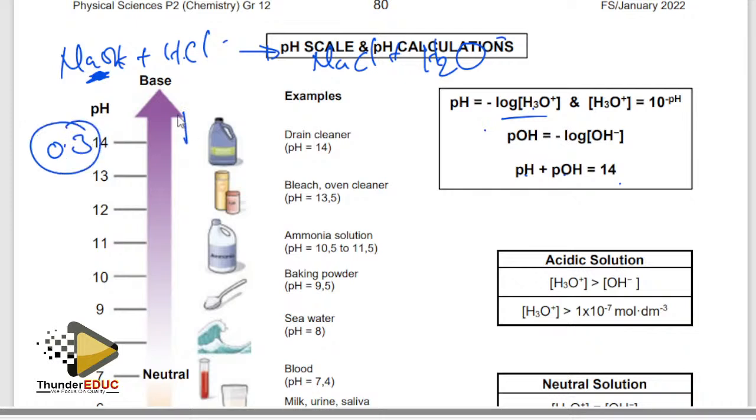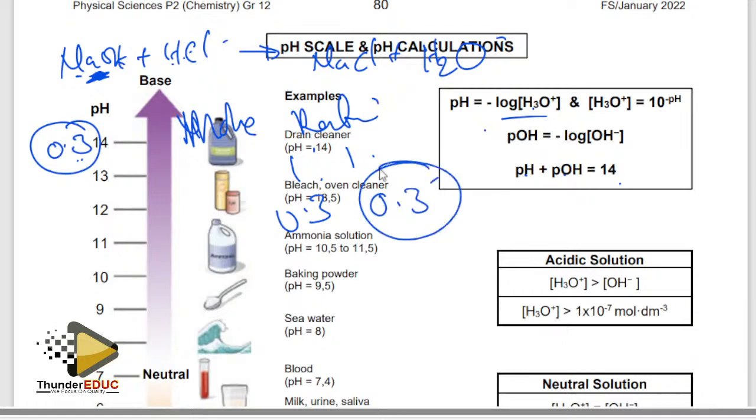Then you have to use the mole ratio, which is 1 to 1. If this is 0.3, then automatically this one is also 0.3. Then use this to calculate the pH, because now you have the hydrogen ions. Number 2 could be a sulfuric acid.